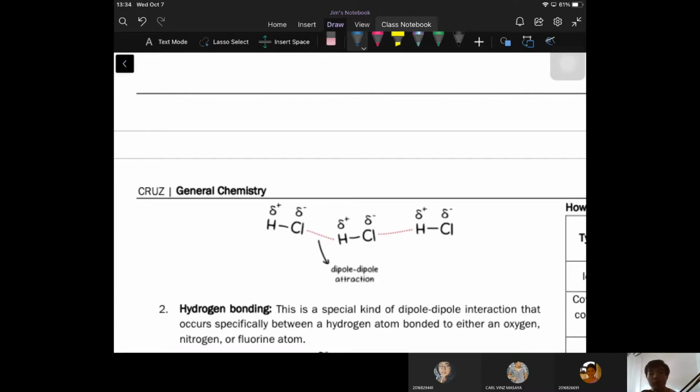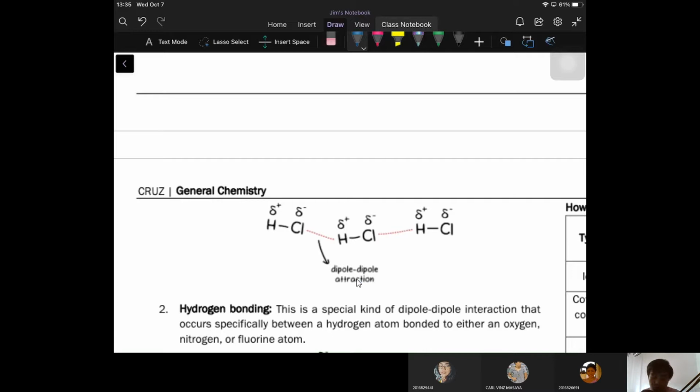Kumbaga, they are forming chains, nakahilera yung positives and negatives. That interaction is called the dipole-dipole interaction.